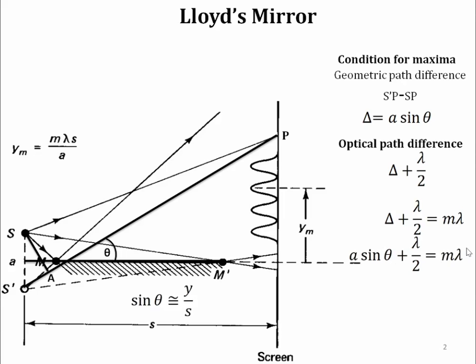Now to get the position of this maxima and minima on the screen, in terms of the length from this point, let us say this is the 0 reference on the y-axis, we want to obtain where the maxima or minima will be on the screen. Right now we are focusing on maxima, so let us obtain the condition for that.